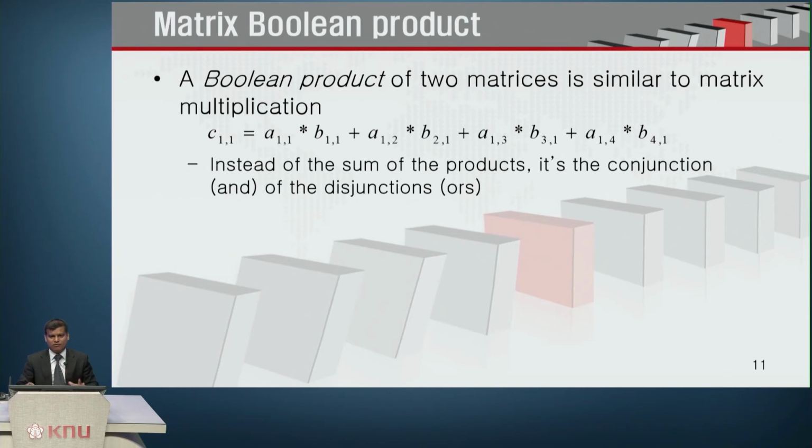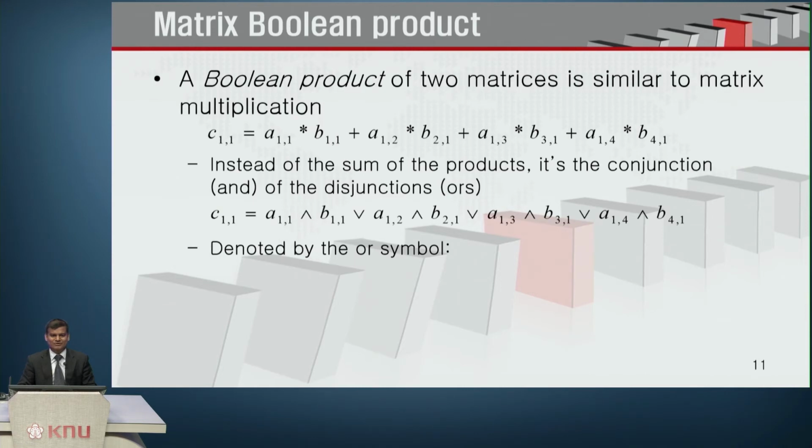So instead of sums of products, it's a conjunction and disjunction, that is ANDs and ORs. So C11 is A11 and B11, or A12 and B21, or A13 and B31, or A14 and B41.